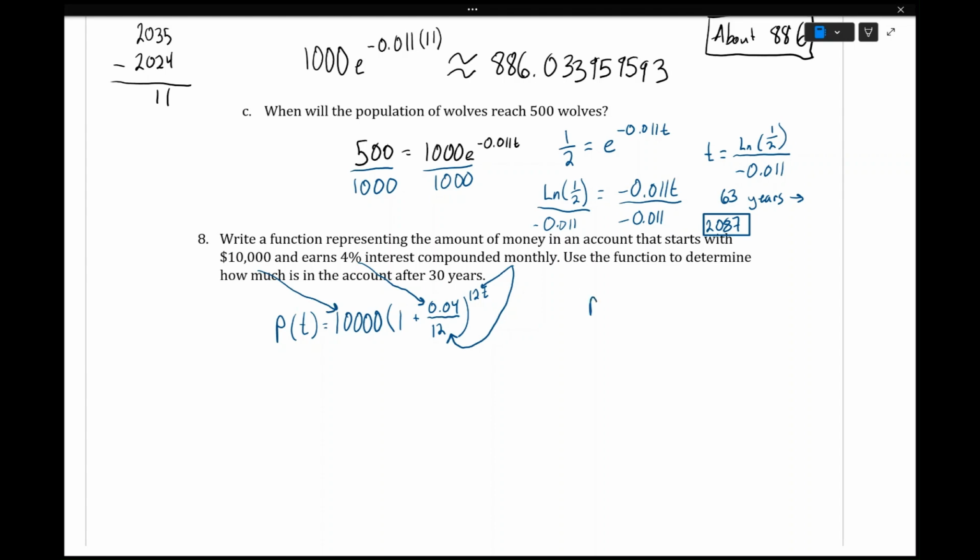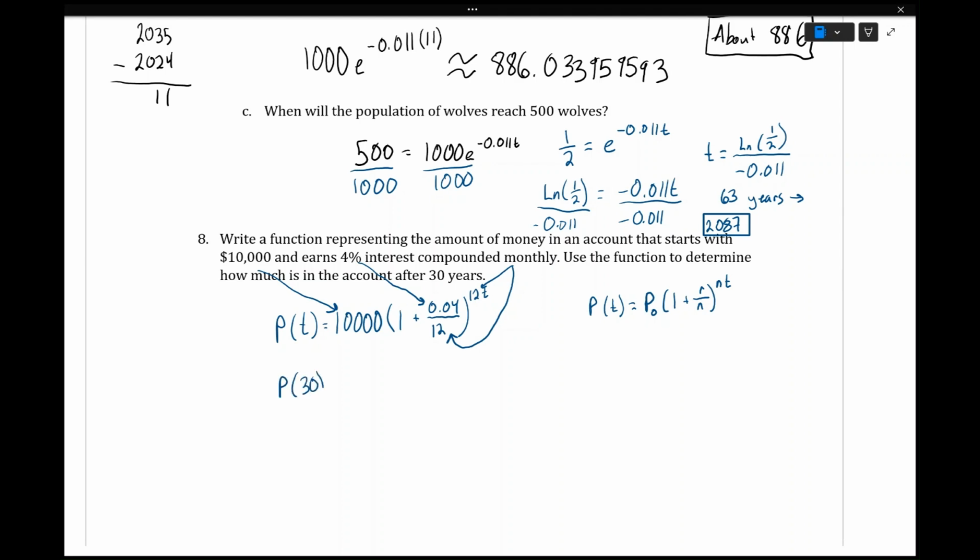And so our general formula that you'll see in textbooks or whatever is our P naught or P0, that's our initial value, 1 plus our percent rate divided by the number of compounds in a year, with the number of compounds times t. And now I want to know how much is in the account after 30 years.